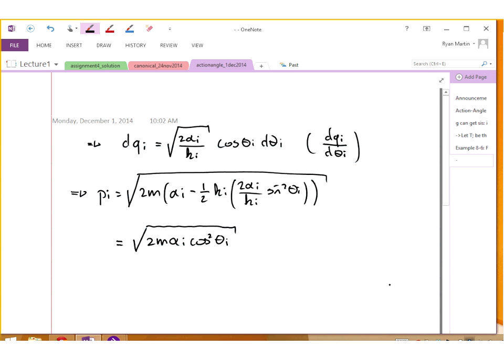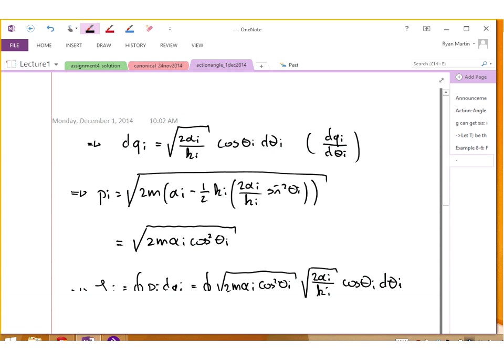And then the dq_i in terms of d theta_i we just wrote above. So that's the square root of 2α_i over k_i cos theta_i d theta_i.